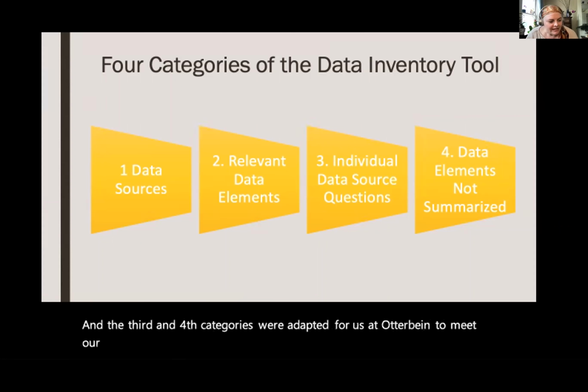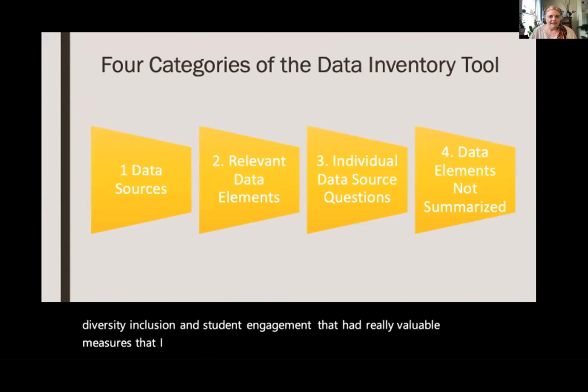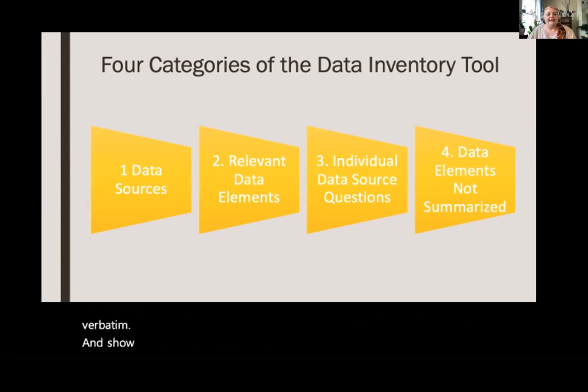There were 3 campus climate surveys on sexual violence, diversity, inclusion, and student engagement that had really valuable measures that I could see potentially being useful for other areas of interest, particularly prevention. And we wanted to pull those direct measures out verbatim and show their relevance. And then the fourth category is a result, really data elements not summarized as it sounds.